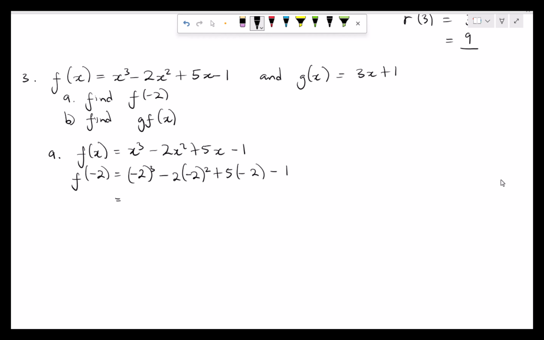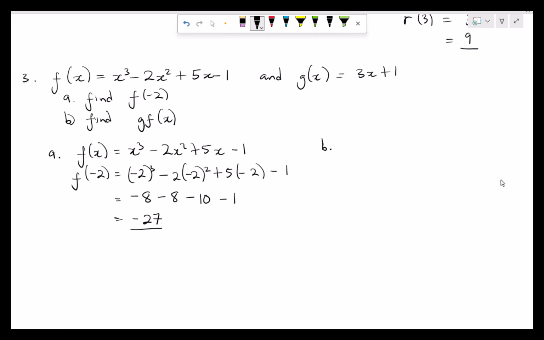Negative 2 cubed gives us negative 8, minus 2 times negative 2 squared gives us minus 8, plus 5 times negative 2, that's minus 10, minus 1. Minus 8 minus 8, that's minus 16, minus 10, minus 26, minus 1, that's negative 27. So that's what we get for part A.